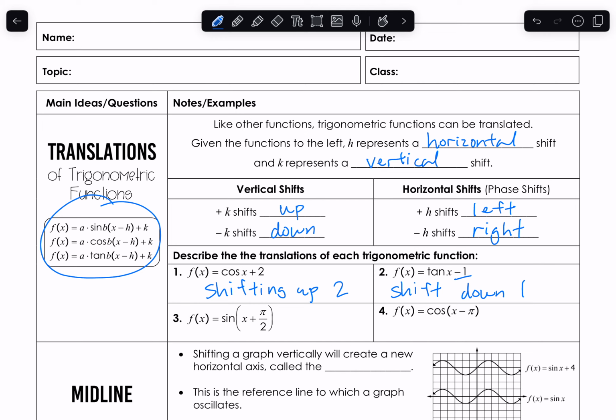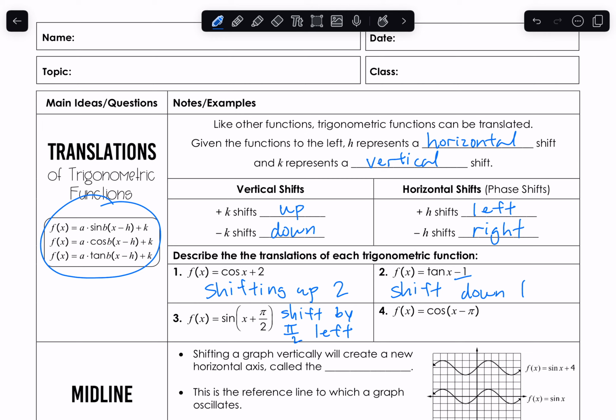Now, I'm going to start to look at some horizontal shifts. I see my plus pi over 2 on the inside. That's my h, but since it's positive, I know it's going to go to the left. So in this case, I'm going to shift by pi over 2 to the left.